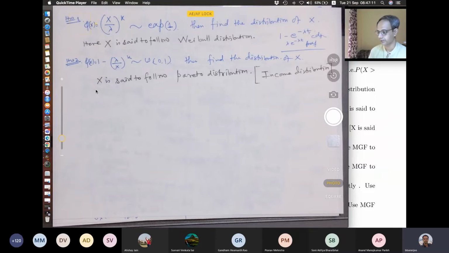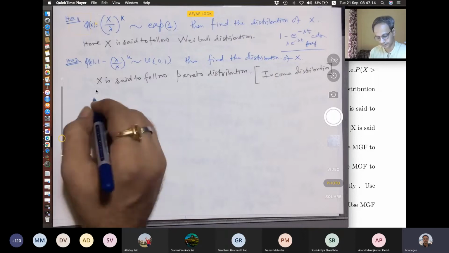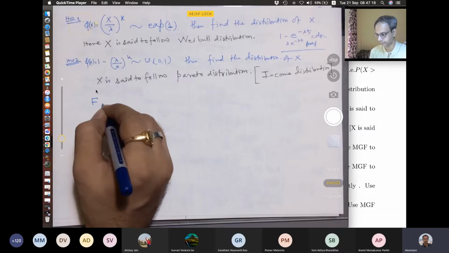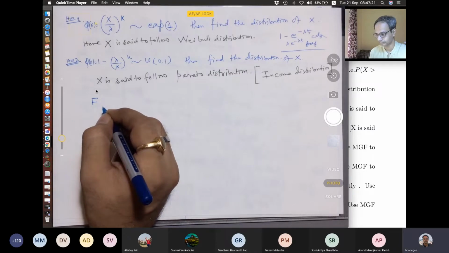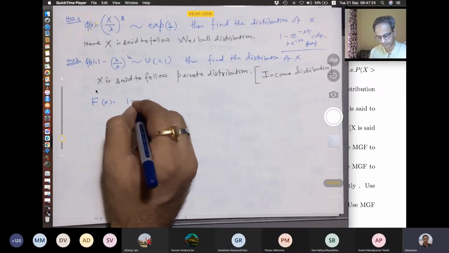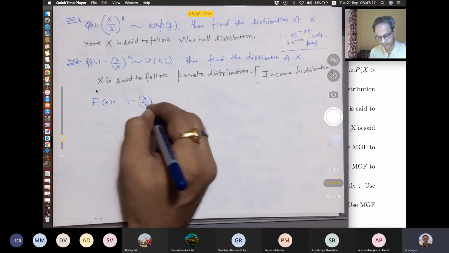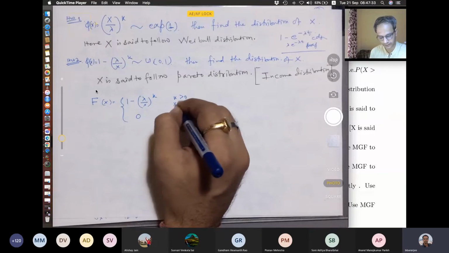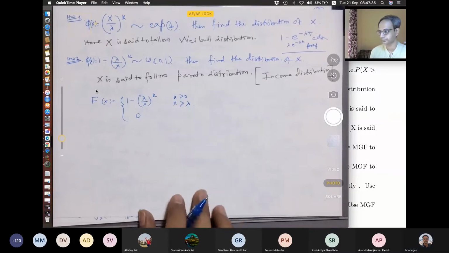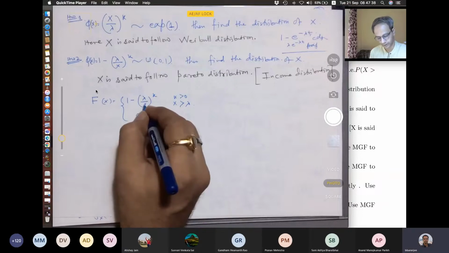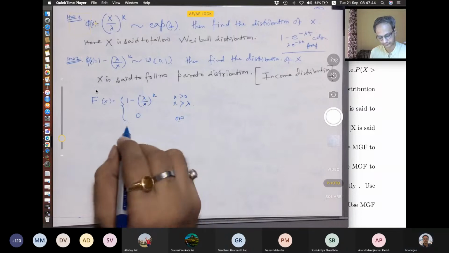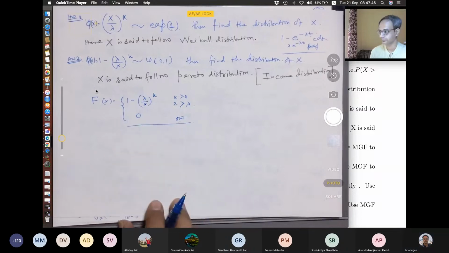So this kind of thing, and you will come up with this, that here you can see that f of x, you can write 1 minus (lambda by x) whole to the power k, when k is positive and x is greater than lambda. Otherwise it will not hold. x is greater than lambda, then only, 0 otherwise. So these are the two homeworks I am leaving.